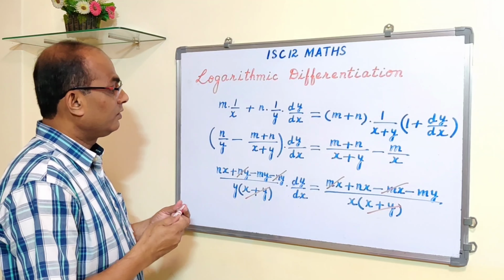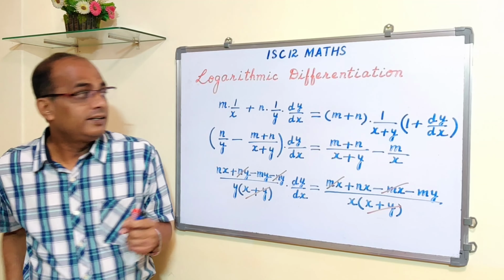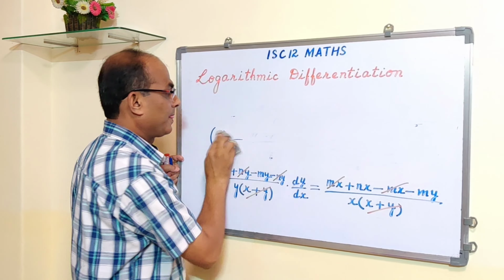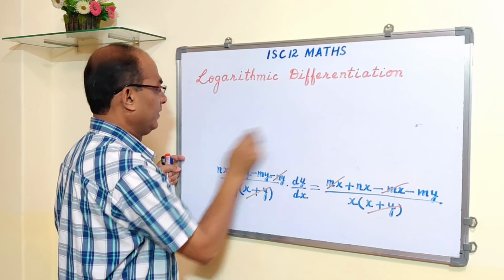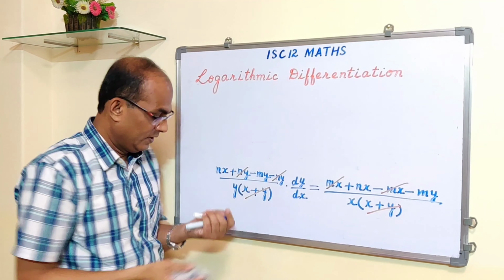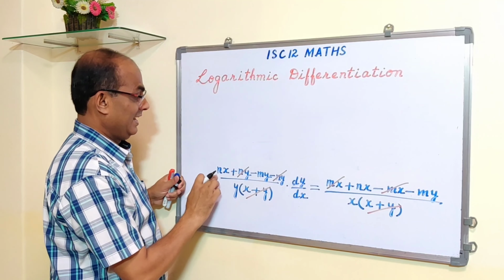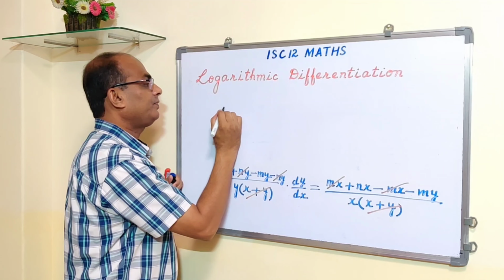Alright, so what is the remaining? Let us write down the remaining term. What remains is nx minus my.